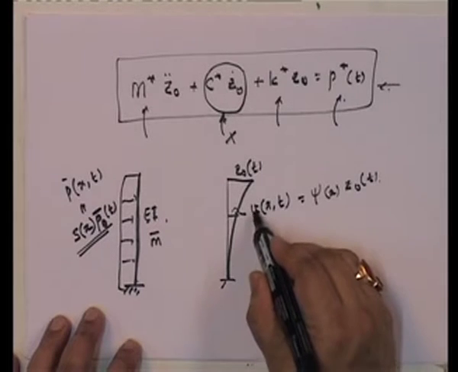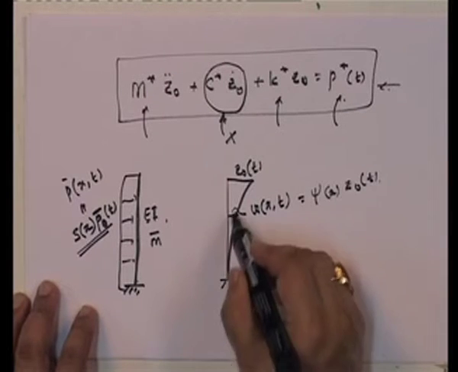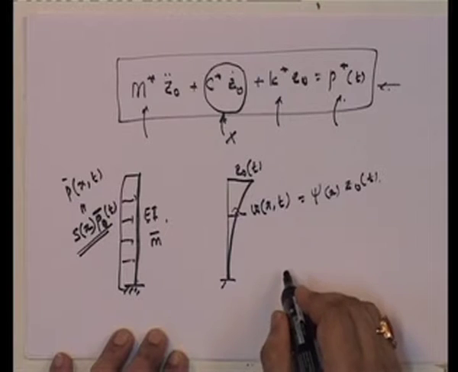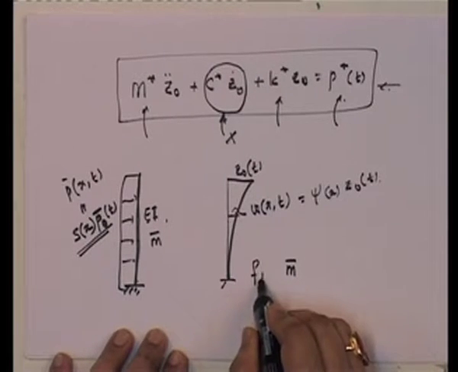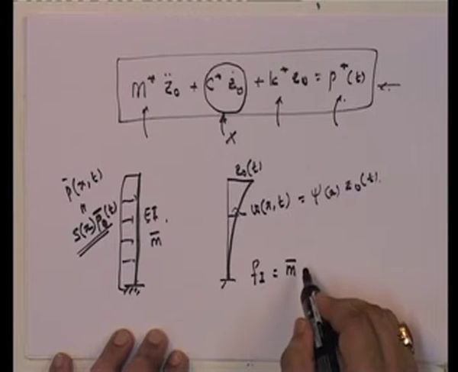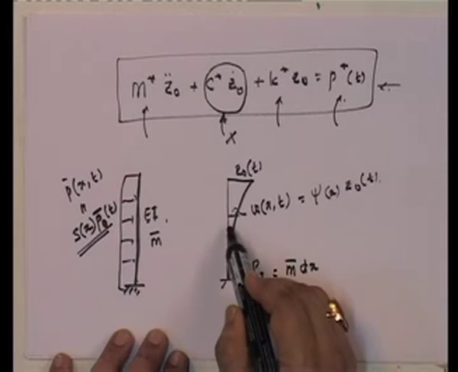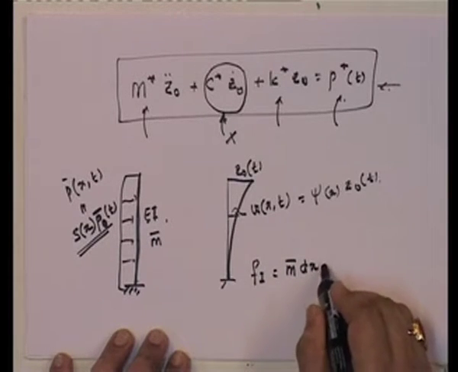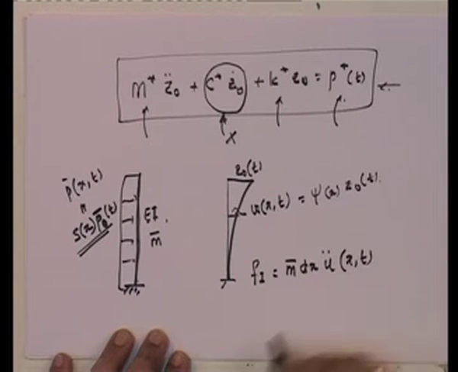Okay. So, this is my displacement at a particular point. So, if I have displacement at a particular point given by this, the inertial force is automatically equal to m bar dx, which is an infinitesimal length at a distance x. So, that is m bar dx into u double dot x of t.